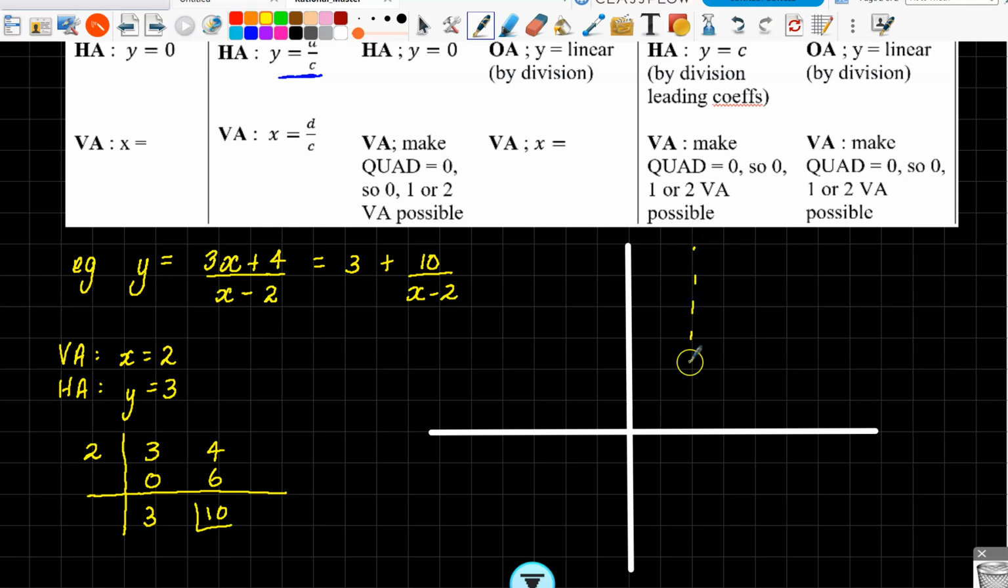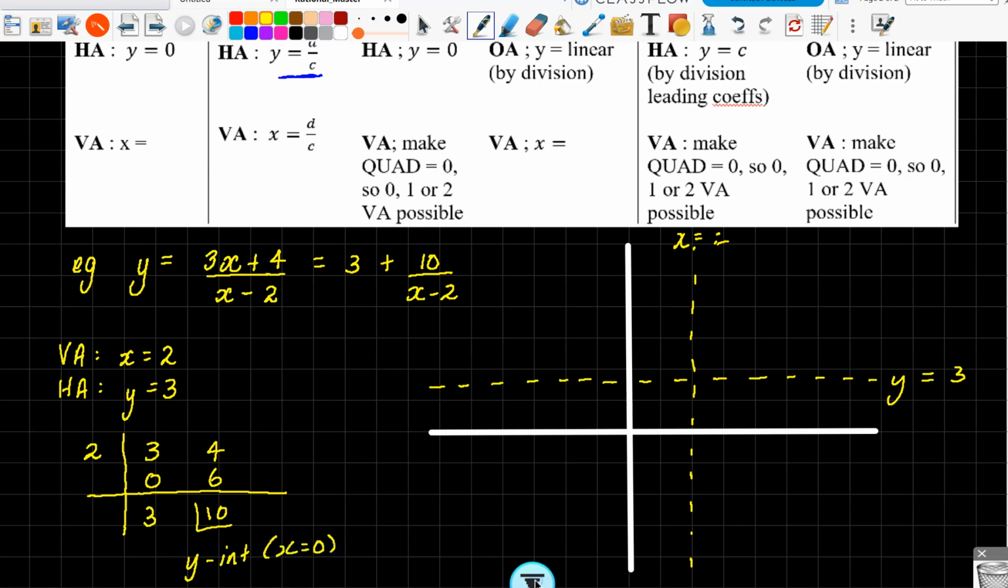Here we go. We pop in our vertical asymptote at x equals 2. We pop in our horizontal asymptote, you will be using a ruler please, at y equals 3. Y-intercept, 4 over minus 2, so our y-intercept is going to be at negative 2.